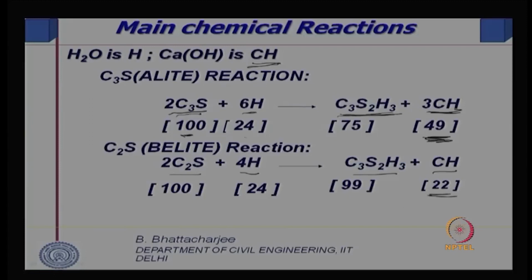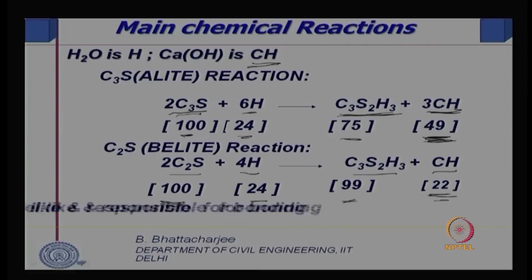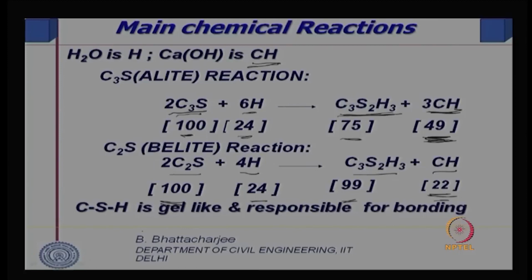100 grams of C3S reacts with approximately 24 grams of water to produce 75 grams of C3S2H3 and 49 grams of CH. So, these are the two most important reactions.